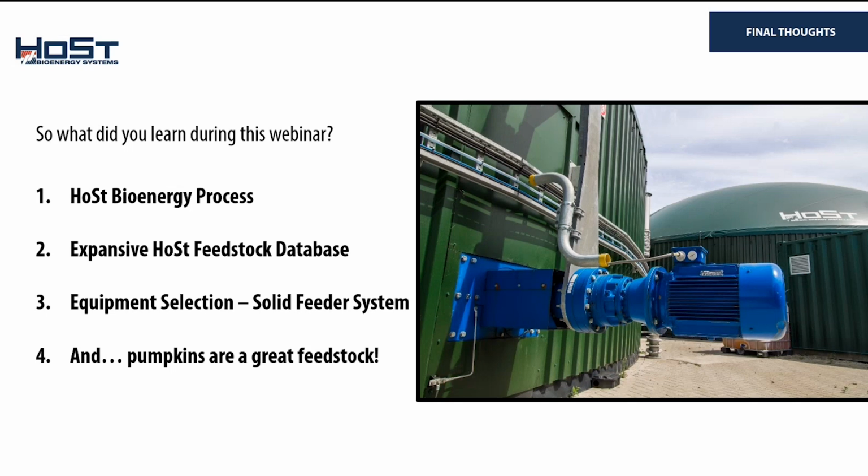So if there is a feedstock that has been in a digester, very likely we have experience with it. Lastly, we looked at the equipment selection and that process, and specifically touched on the solid feeder system, which would be required for the pumpkins. The pumpkins would need to be shredded in the hammer mill and then pumped into the digester. And as a last thing, we learned that pumpkins are not only a fun seasonal gourd, but an excellent feedstock.